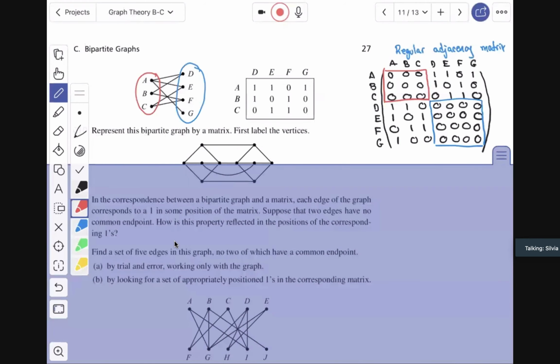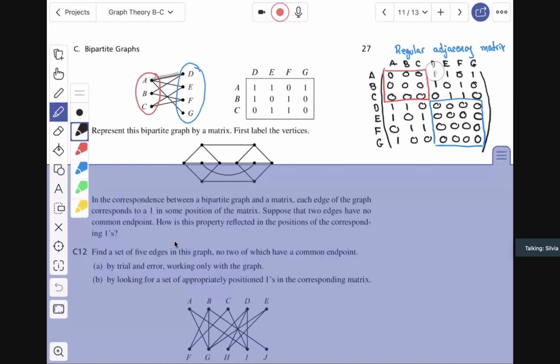So this is the edge AB right here. Let me mark it. This edge AB is marked here, and it's also marked here. A is adjacent to B, but B is also adjacent to A, so this is just the repetition. This part of the matrix is almost the same; every column becomes a row.